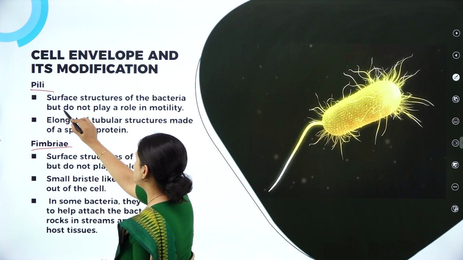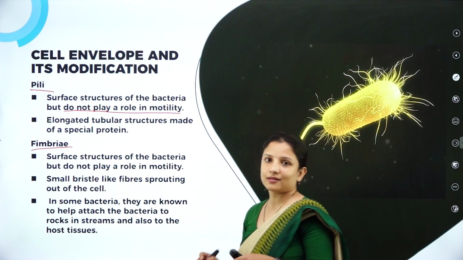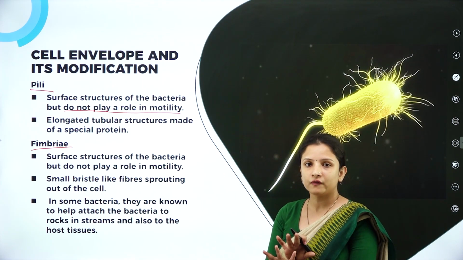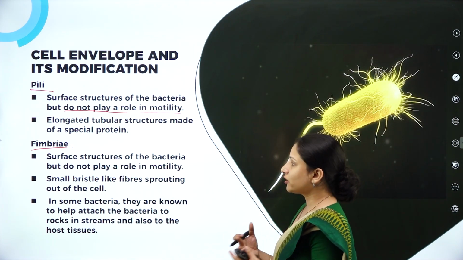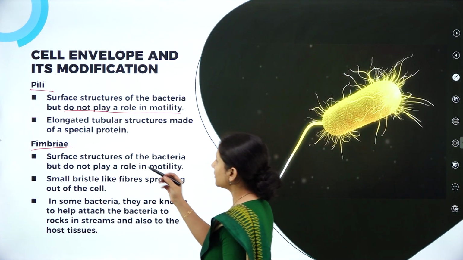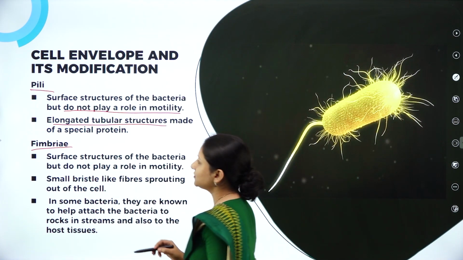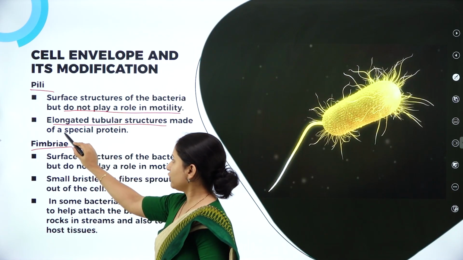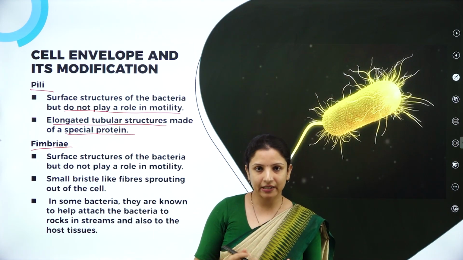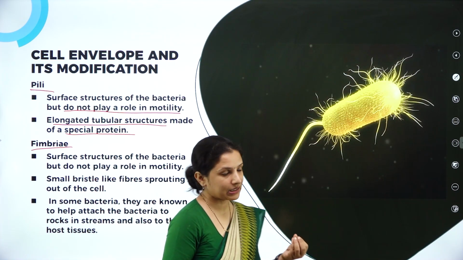And as I told you, they do not play any role in motility. So what are these pili? They are nothing but elongated tubular structures, and they are made up of a special kind of protein. And these pili are said to be the sex organs in bacteria also.